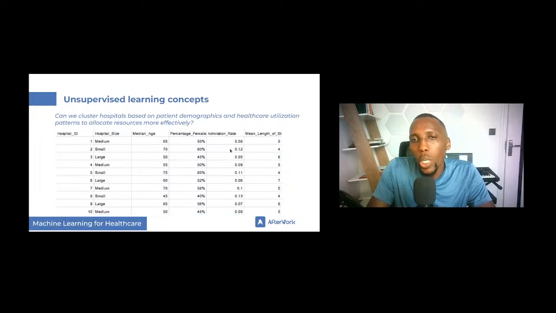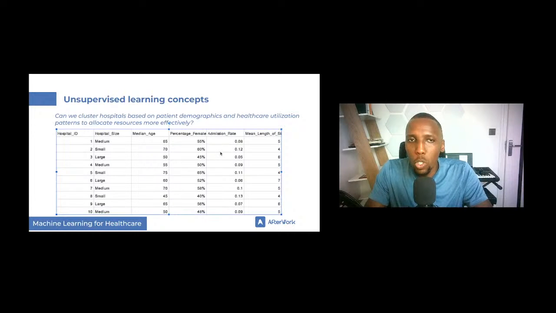So our goal here in unsupervised learning, more specifically for clustering, would be to cluster these hospitals into different groups. Maybe there are hospitals which are in high need of resources as opposed to others, and then we can study the different groups much more closely, because there are patterns which actually bring those hospitals together.